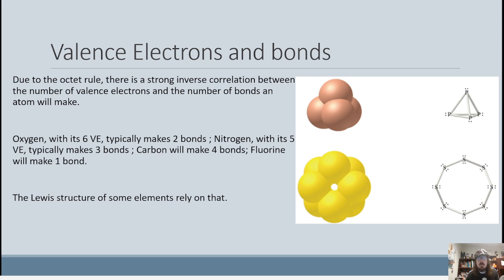Remember, nitrogen is in group 5 along with phosphorus, so it needs 3 to give it 8. Sulfur, when it exists as S8, forms this octagon-shaped crown structure where each sulfur is bound to 2 other sulfurs. Sulfur is in group 6, just like oxygen, and so it gets 2 more to give it 8.